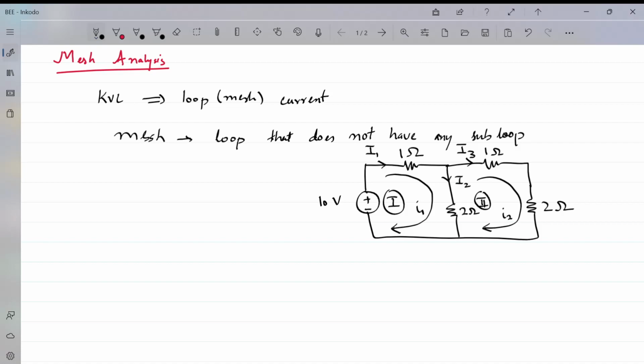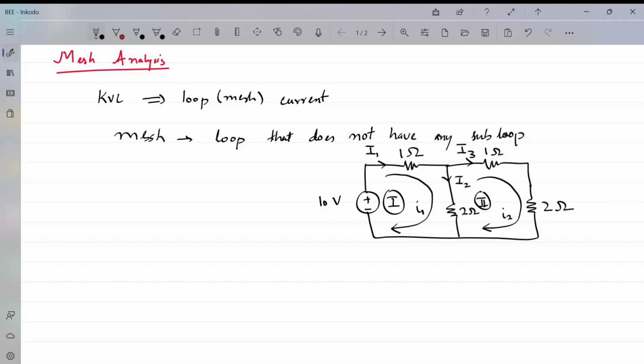Instead of denoting branch currents, we'll be denoting mesh currents. And with mesh currents, the number of variables is reduced. We have only two mesh currents, I1 and I2, whereas we had three branch currents, I1, I2, and I3. So we had to solve for three variables. With mesh currents, we have to solve for only two variables, and therefore it becomes easier for us to solve.